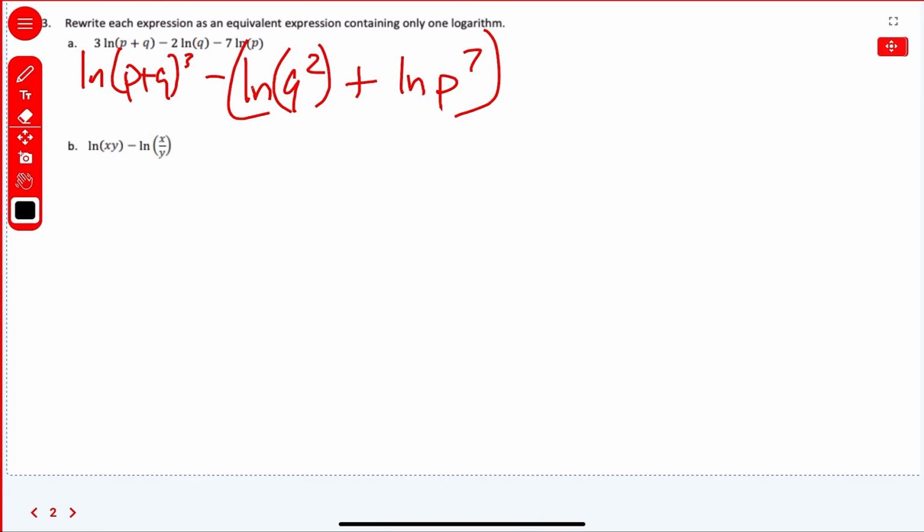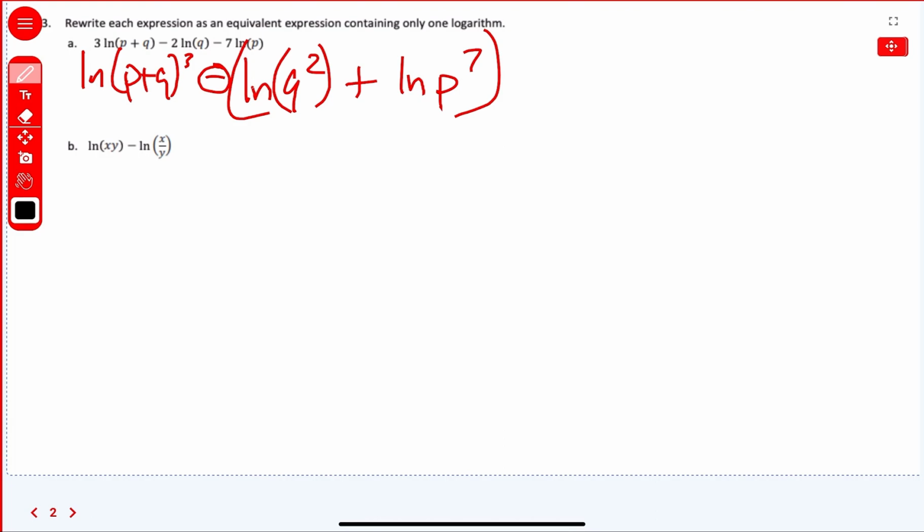Put those in parentheses there. Since both of those are negative, we can just negate them like that. And the reason why you want to do that is now, since we know this is a subtraction right here, notice that if we negated those, we would get the negative here and the negative here. We just factored out that negative there. And the reason why you want to do that is now we can write it in a single log.